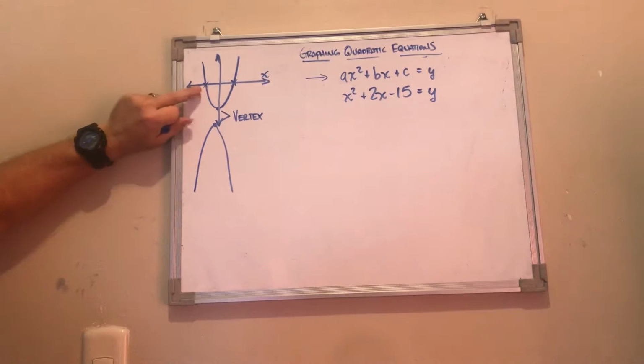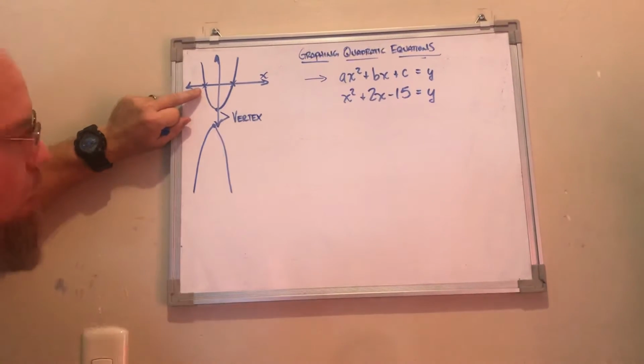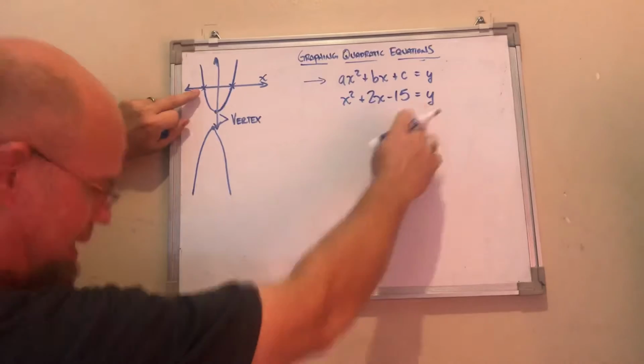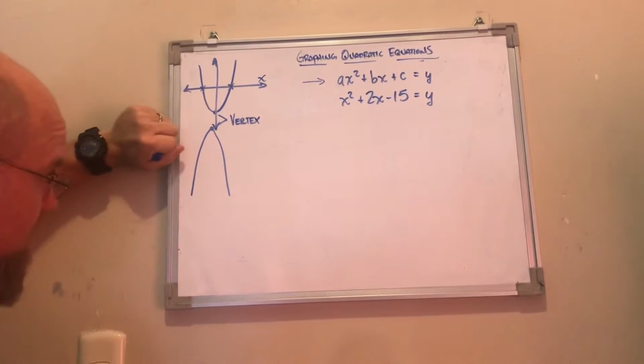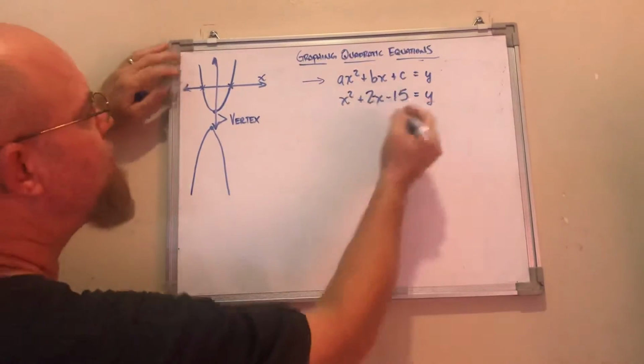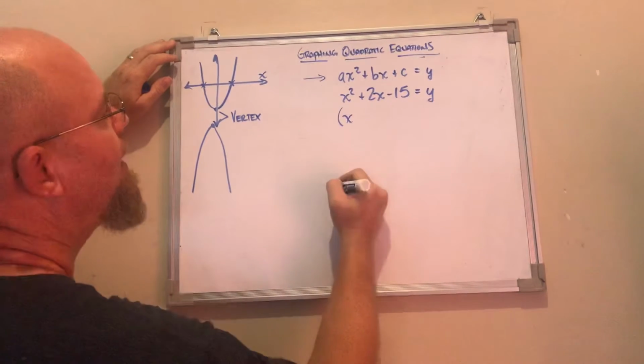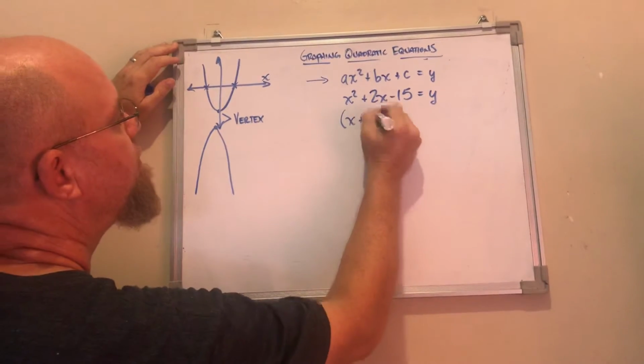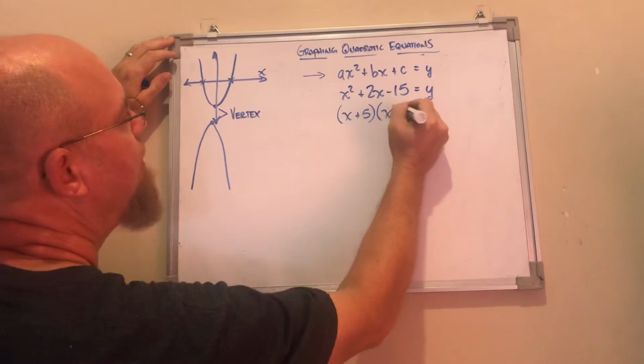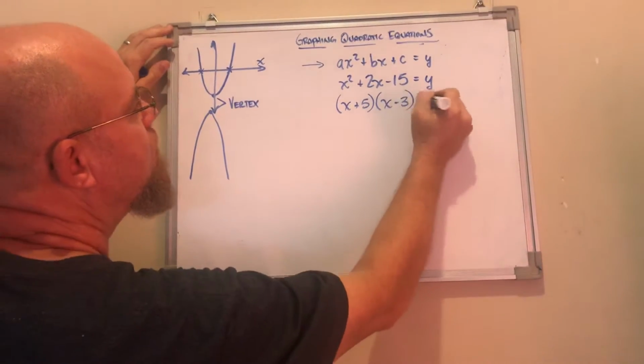And to find that, we have to set our quadratic equation to where y equals 0. So we go ahead and factor this, and this would be x plus 5 times x minus 3 equals y.